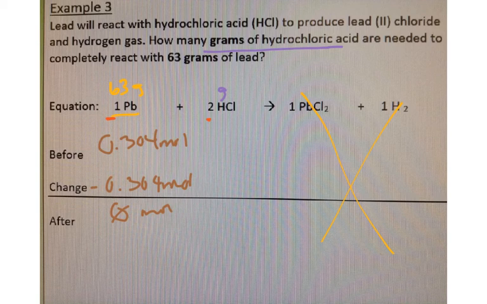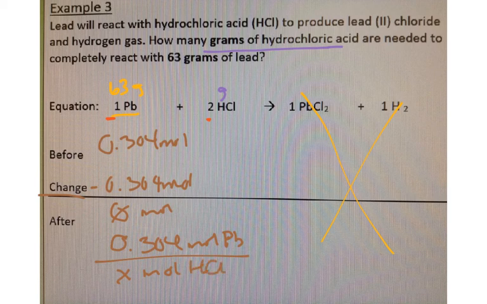So using my C's, I've got 0.304 moles of lead, and I want to figure out proportionally how many moles of hydrochloric acid that would be. So I'm going to set up a proportion. I've got 1 mole of lead, using once again the coefficients, for every 2 moles of hydrochloric acid.